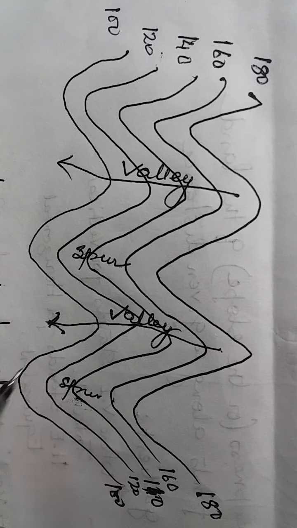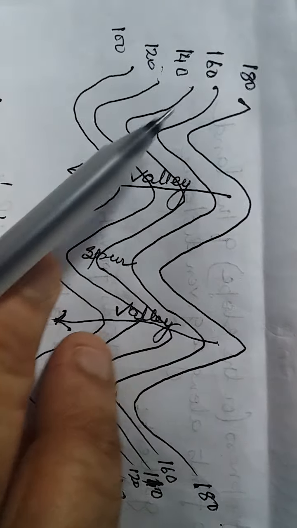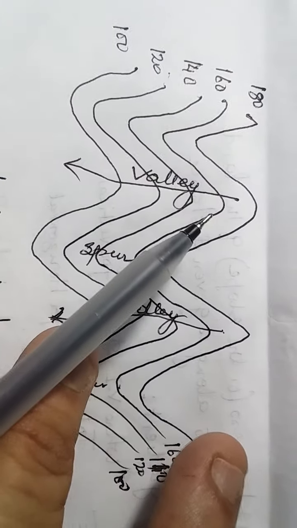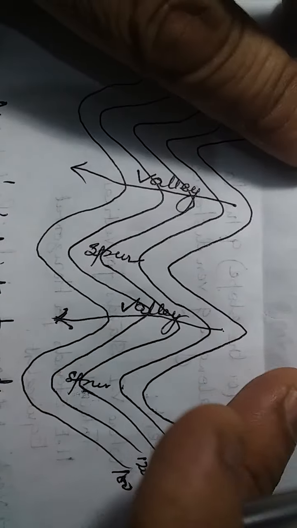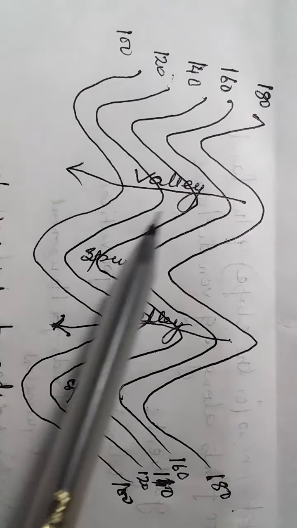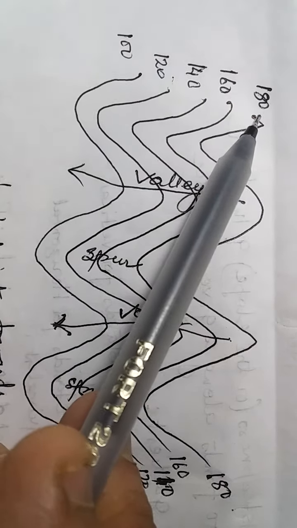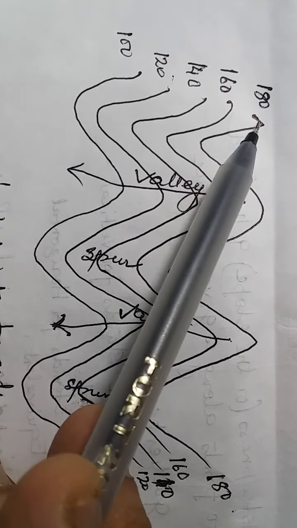Let us take this pattern of contours. You can see that the pattern is V-shaped. Actually, if we have a V-shaped valley, then you get V patterns, and if it is a U-shaped valley, then you get U patterns. So you see the patterns are V-shaped. This is the lower contour, and this is the higher contour. Now here we are going to distinguish which one is the spur and which is the valley.